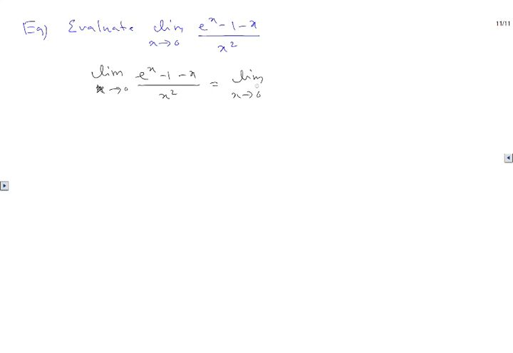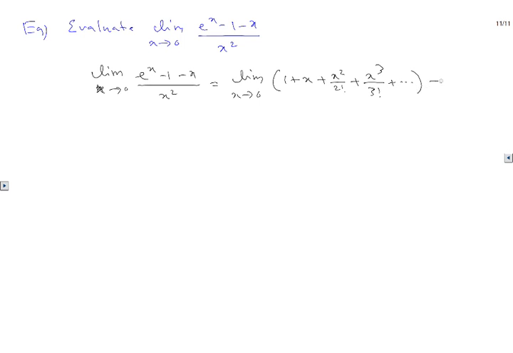What we can do is write first few terms, not all, just the first few terms. e^x is what? 1 plus x plus x squared over 2 factorial plus x cubed over 3 factorial, maybe about 4 terms. That's enough.